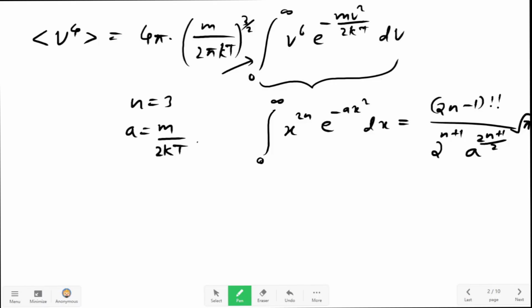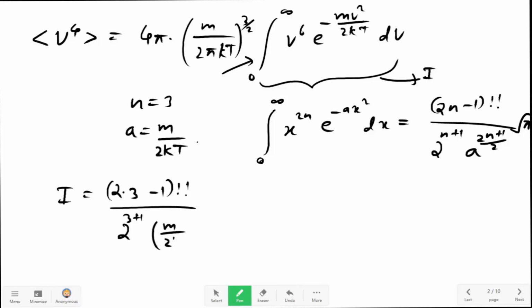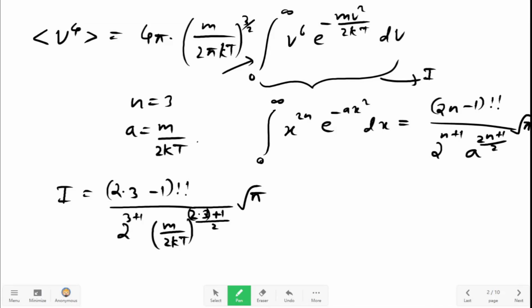Therefore, let's say this is integral I, then I is equal to 2 into 3 minus 1 double factorial divided by 2 raised to 3 plus 1, times m by 2 kt the whole raised to 2 times 3 plus 1 divided by 2, into root pi.